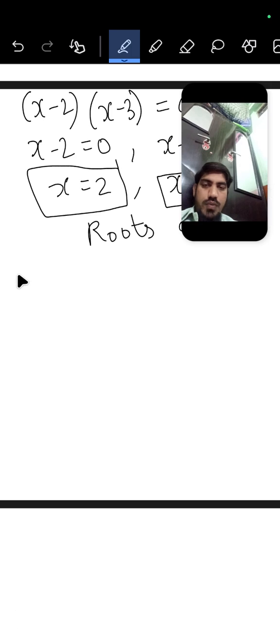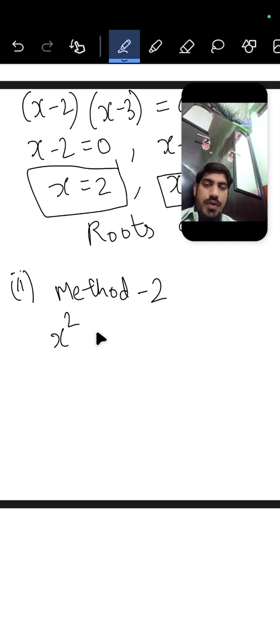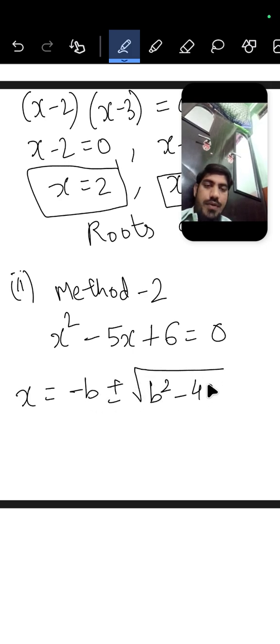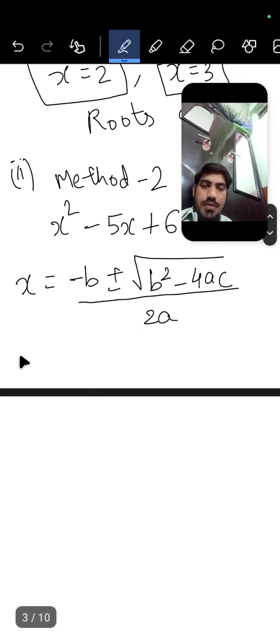By method 2, which is the quadratic formula, x square minus 5x plus 6 is equal to 0. The quadratic formula says x is equal to minus b plus or minus square root of b square minus 4ac, divided by 2a, where a, b, c are the coefficients of x square, x and the constant term.